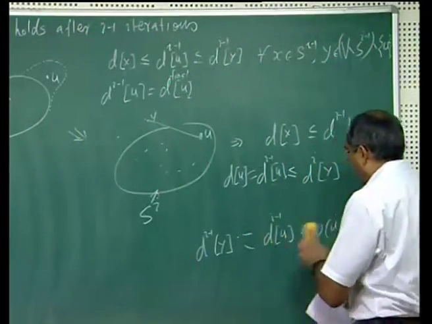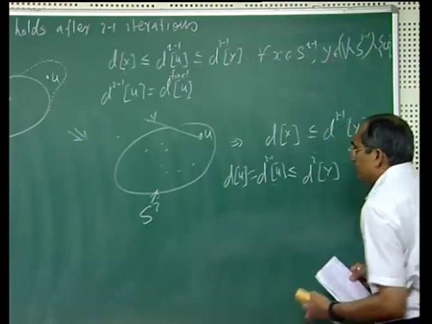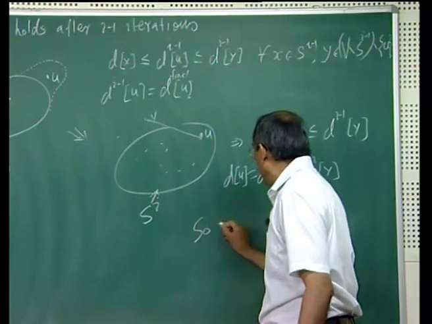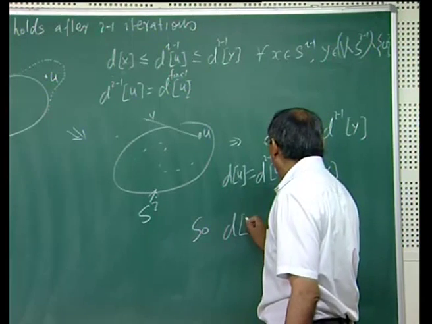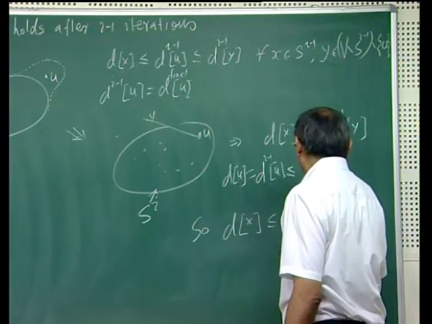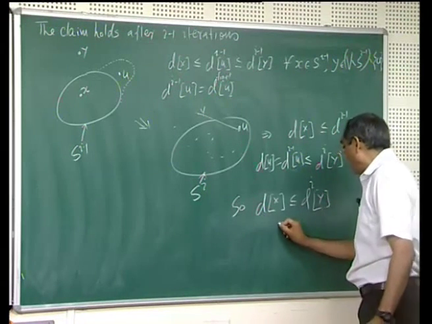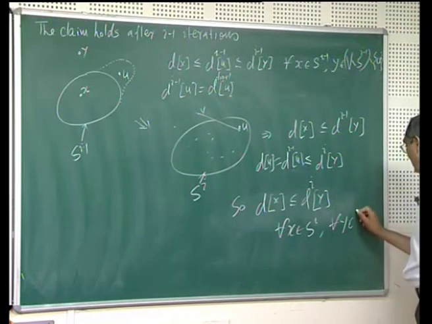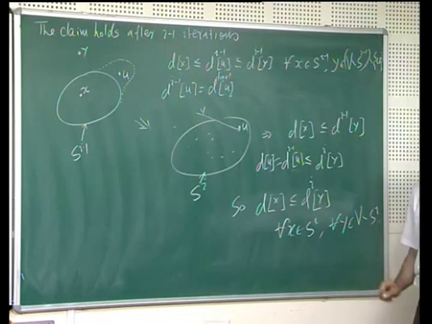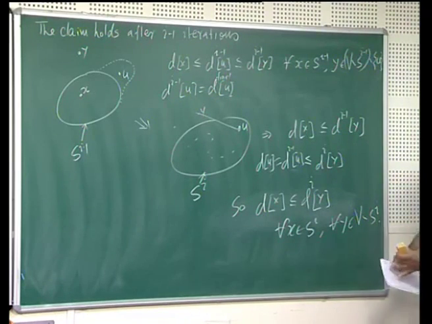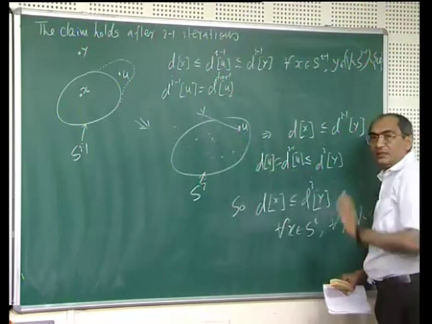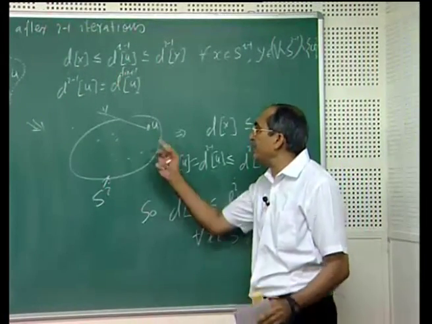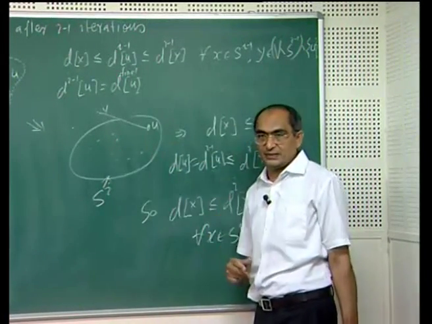So, still what happens is that the d value of every x is less than or equal to the d_i value of y for all x in S_i and for all y in V minus S_i. Okay. Now, one direct consequence of this, what this means is that every time a vertex comes in, its d value has to be greater than or equal to the d value of everything present in this.